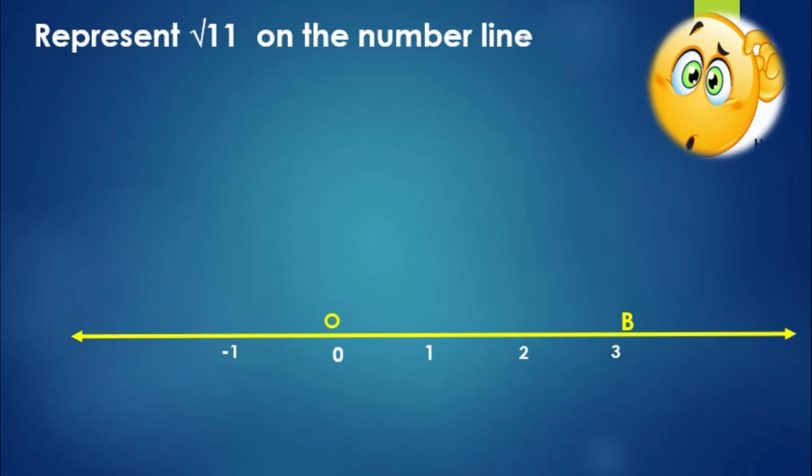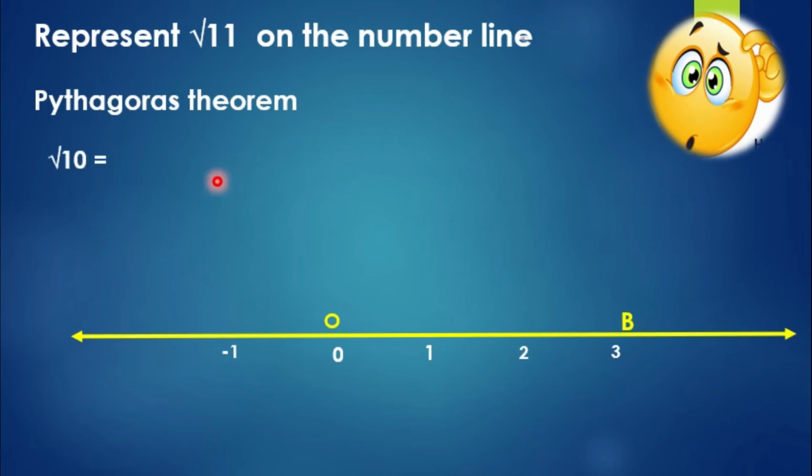First, we should find the nearest perfect square which is less than the given irrational number. In Pythagoras theorem, in order to get square root of 11 as hypotenuse, we should have square root of 10 as the base and 1 unit as the height. Similarly, to get square root of 10, we should have square root of 9 as the base and 1 unit as the height.